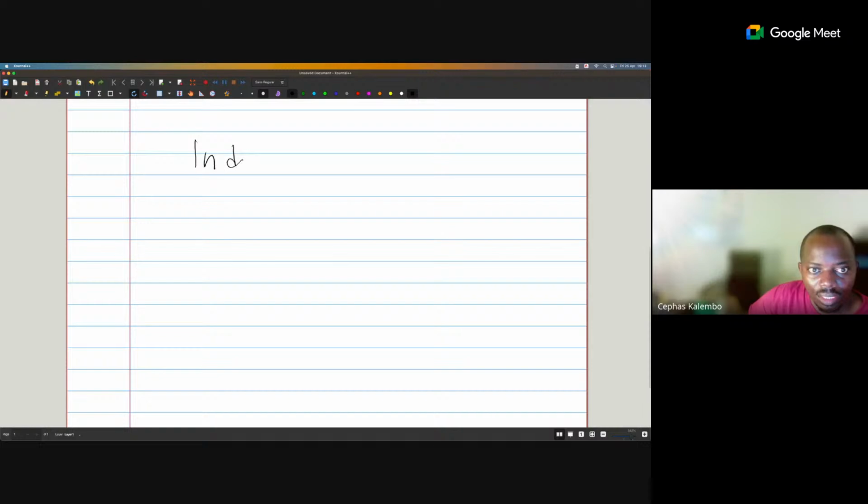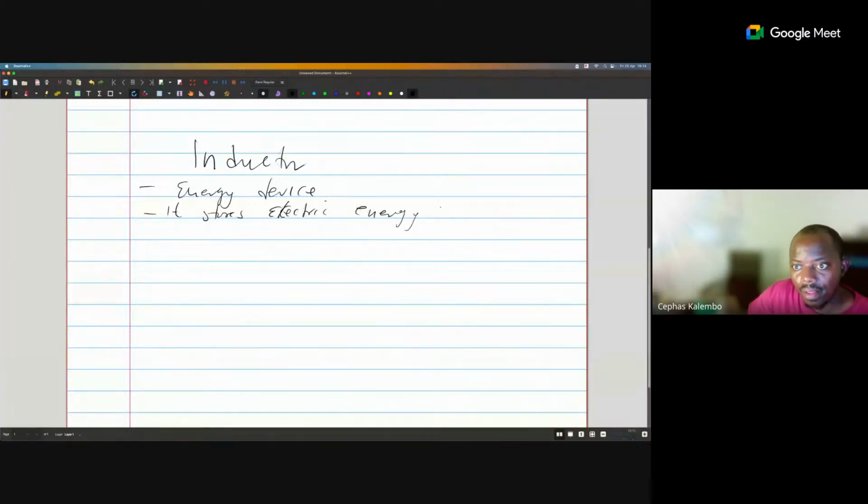So we are looking at inductors. So we define this to say that it's an energy device. It stores electric energy in form of electric field.